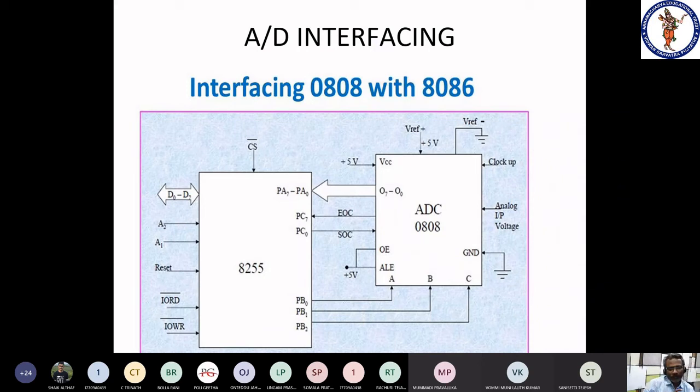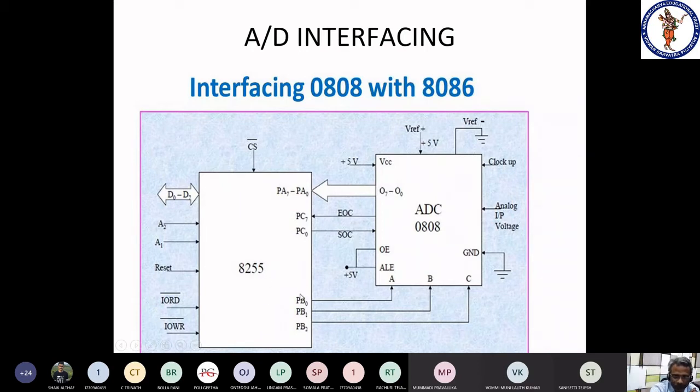So here 3 ports are required for interfacing the ADC. Among the three, one 8-bit port is required to read the digital data. Let us see the connections. Port A is used for reading the digital data, so port A acts as an input port.